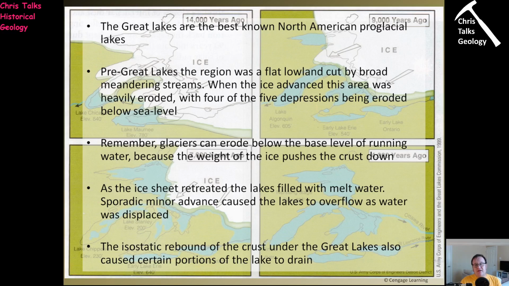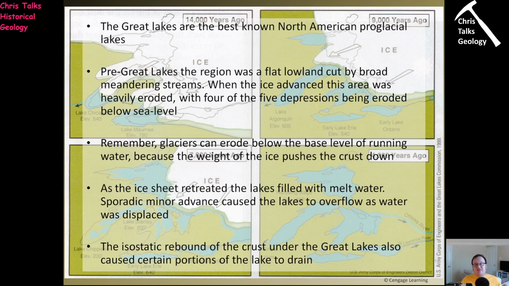So if you remember, the base level is the lowest possible level a river can cut to. So a river can only cut down to the base level, and the base level is normally sea level. When a glacier moves across an area, on the other hand, it can actually cut below that base level. So it can effectively cut below sea level.